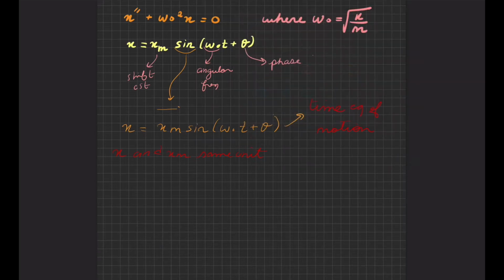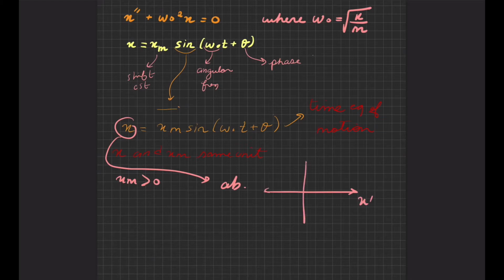And sorry, what should we include as well? xm is a positive constant because it shows the shift to the positive direction, and x by itself, this x here, is the abscissa along the x-axis.